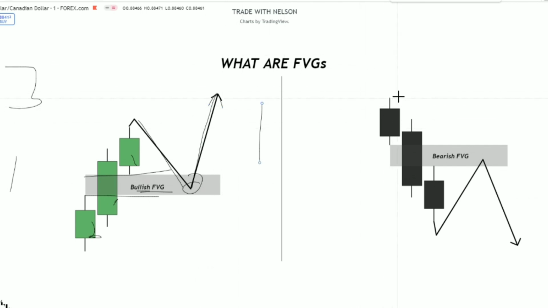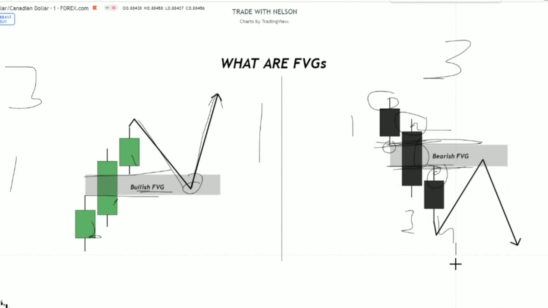And for the downtrend, it is the same thing but in the opposite direction. It is also a three candle formation. This is the first candle, second candle, third candle. You want to see the wick of the first candle, which is this one, and the third candle not touching each other. Then there is a strong price move at the second candle. So once you have that, the gap that is in between the third candle wick and the first candle wick is a fair value gap.